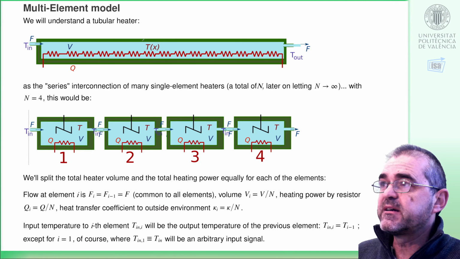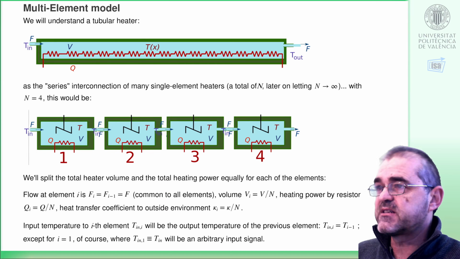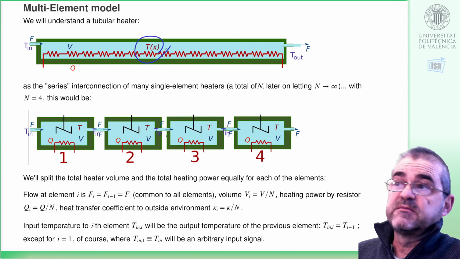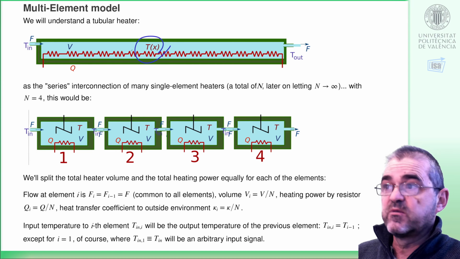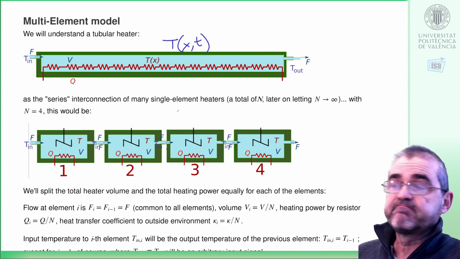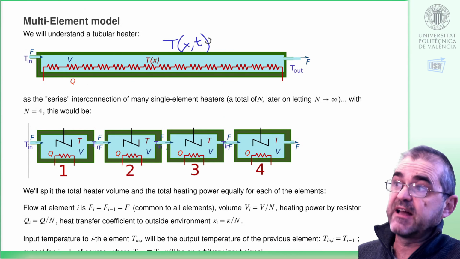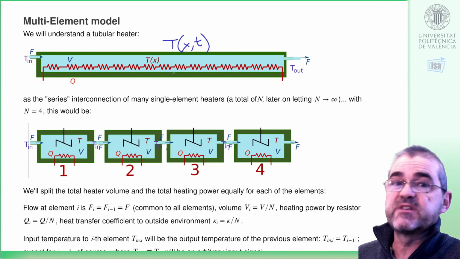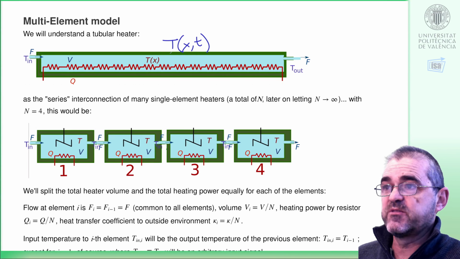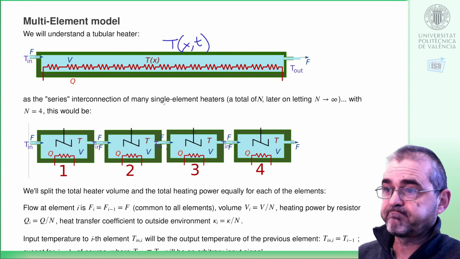However, in order to make the elements infinitesimal, we now need to take into account that the temperature actually varies with the position, and in fact, it varies with position and time if the flows, inputs and heating power do change with time. So we will assume that this is the temperature.